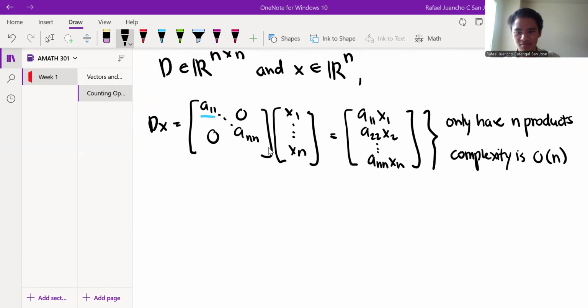So if we use a diagonal matrix instead of a regular matrix, it's O of n instead of O of n squared.